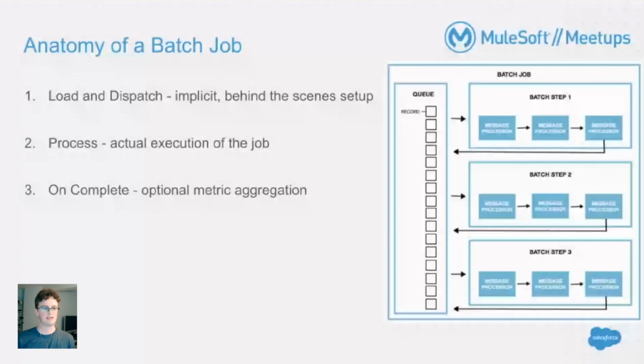So it's going to split it down into these individual records, and then it's going to create a single queue for all the records. All the records get loaded onto this queue. It's one queue for all the records. And then it spins up threads to start handling these records and moving them through the batch job. Those threads are the Mule engine's threads itself.